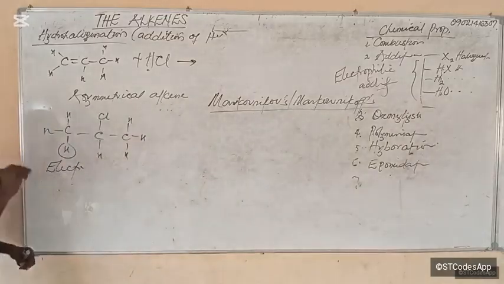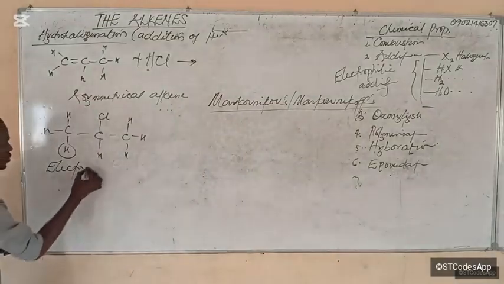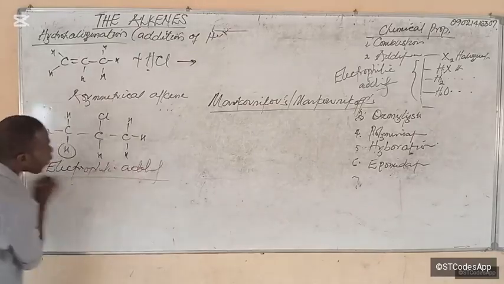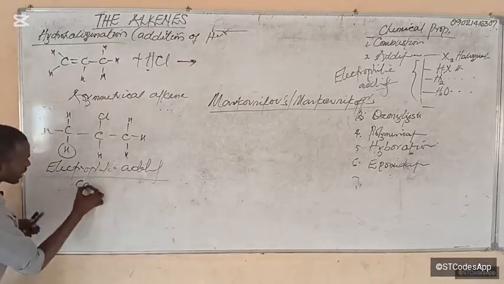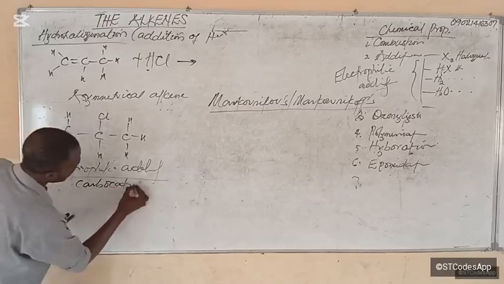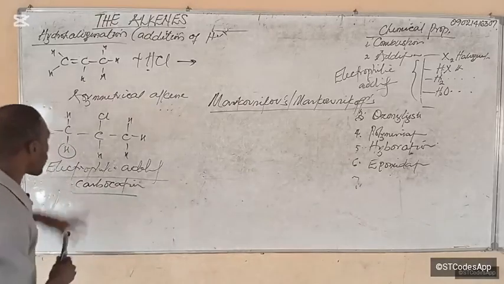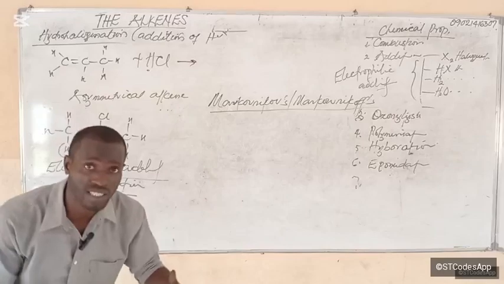Why are we adding the bulky group to the most substituted carbon? Because under this electrophilic addition, we will also form a carbocation. The carbocation that is formed is only stable with what? A more substituted carbon, right? A carbon that has more carbon around it.